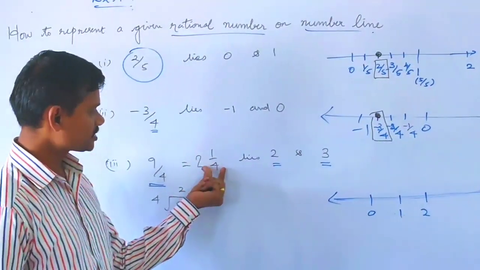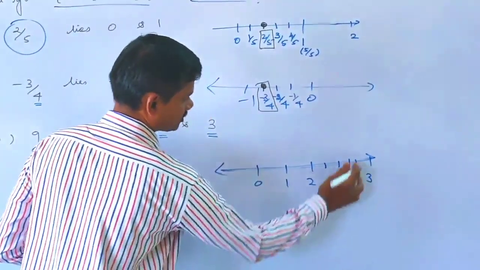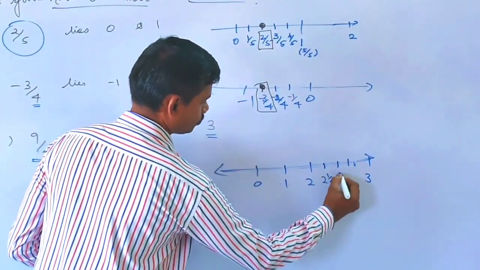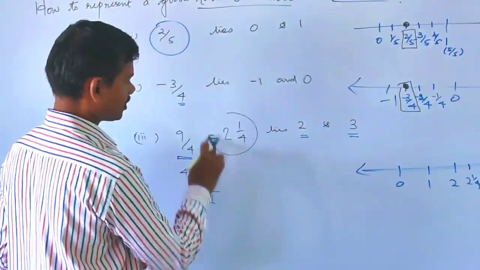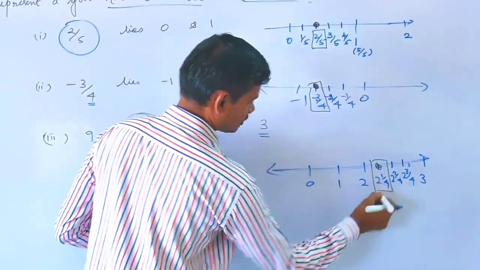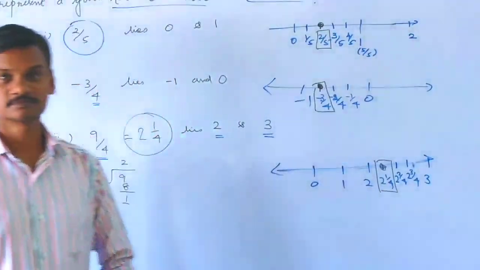I am going to divide this into 4 equal parts by marking 3 points between 2 and 3. It gives 2 1 by 4, 2 2 by 4, 2 3 by 4. Here I have the number 2 1 by 4. It lies here. So this is my rational number 9 by 4 on the number line.